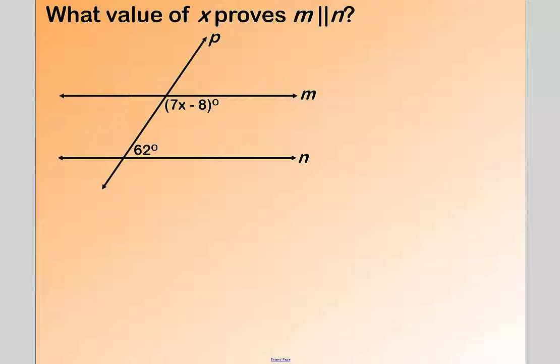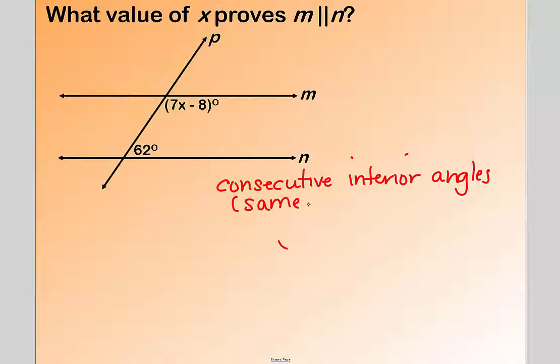In this one, I have to figure out which value of x would prove m parallel to n. I can see that these are consecutive interior angles, otherwise known as same side interior angles, and those are supplementary.